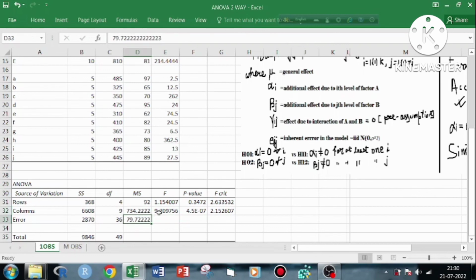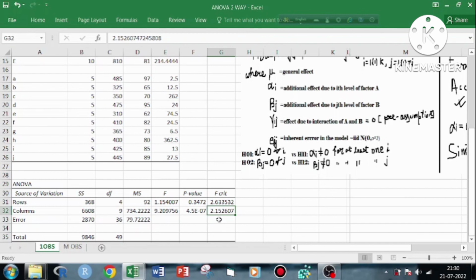Now this particular F observed value is less than the F critical value, so we fail to reject the null in this case. That is, there is no significant effect on the ratings due to the different professional raters. And this observed value exceeds the F critical value by a large amount, so we conclude that there is a significant effect on the ratings due to the different service stations.